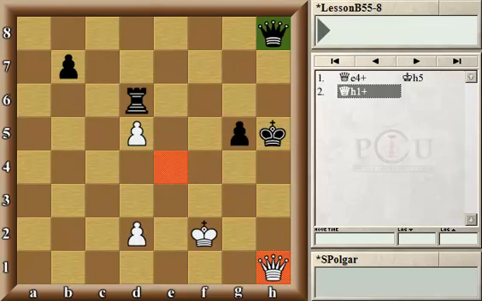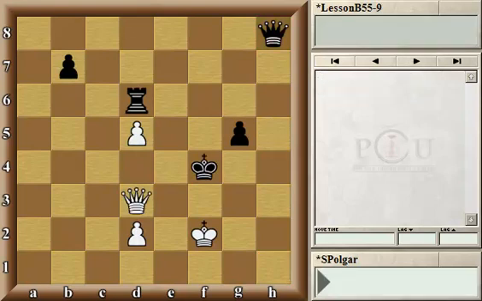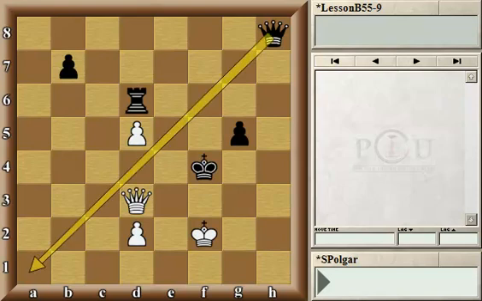How about the next scenario, which is very similar to the previous one? How do we force the black king again onto the same line as the black queen is on? Well, in this case, we cannot force the king to the H file, but we can force the king onto the same long dark square diagonal as black's queen is on.